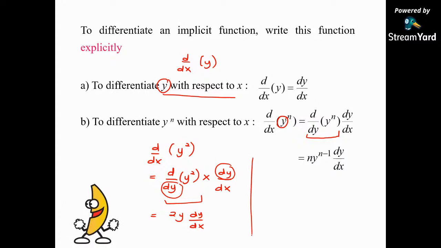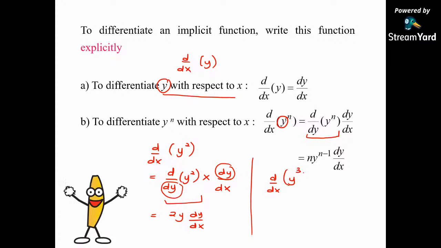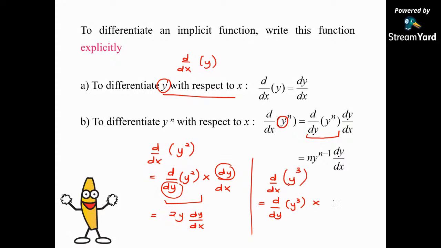Perhaps we should try another one. d over dx of y to the power of 3, just a simple example for you first. Again, this is a different variable, so d over dy of y cubed multiplied by dy over dx.